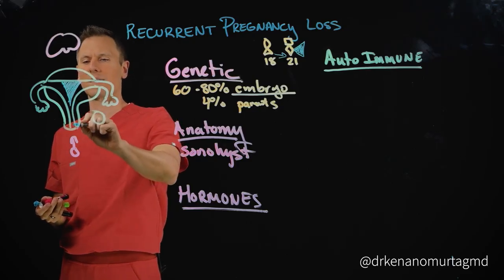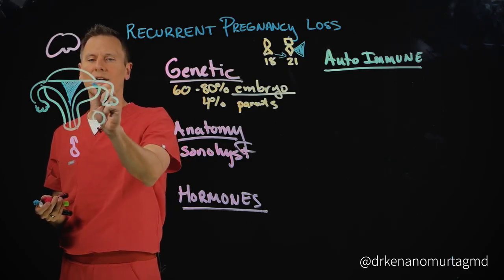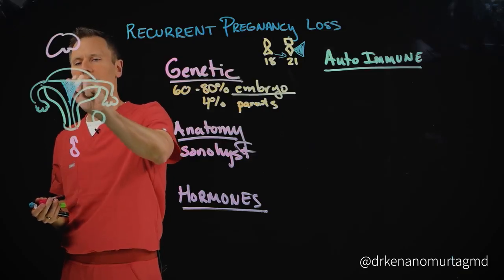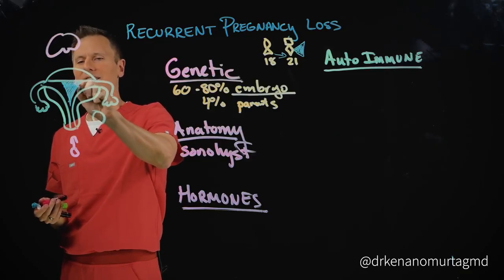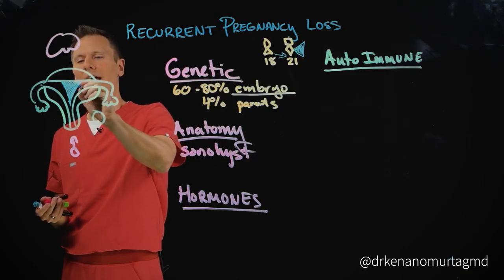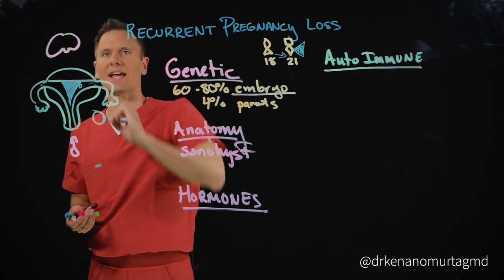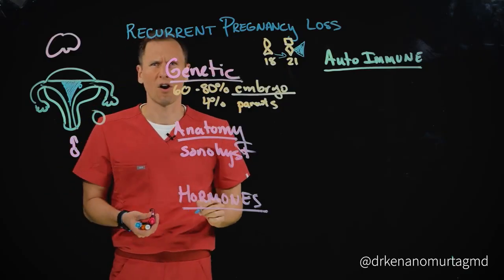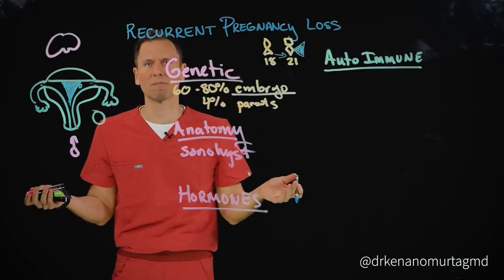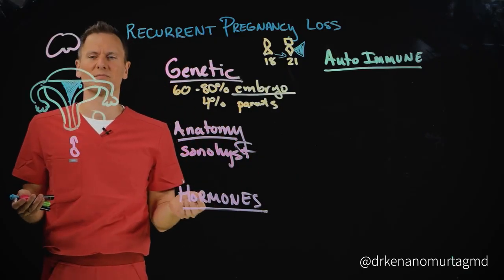So you have your cavity over here and then you have this avascular, no blood flow area that the embryo could implant on. If an embryo implants here and tries to invade, it's not going to invade at all or very far because it's going to have an insufficient blood supply.